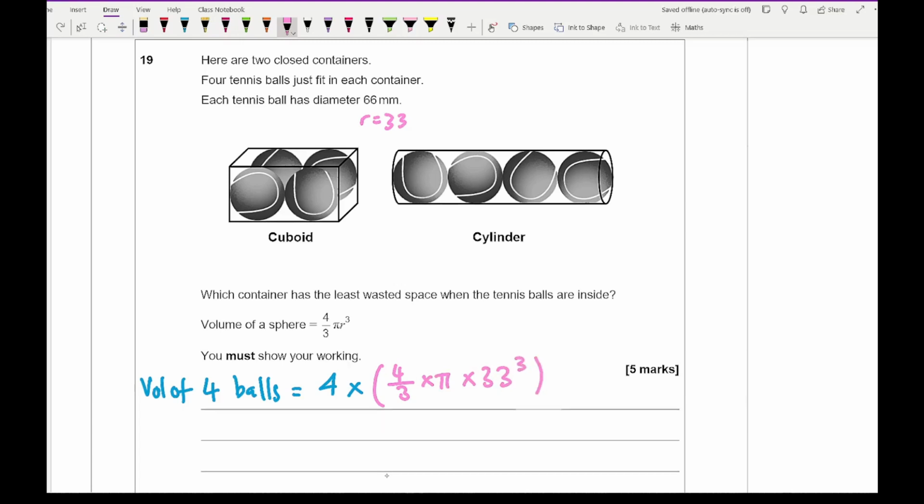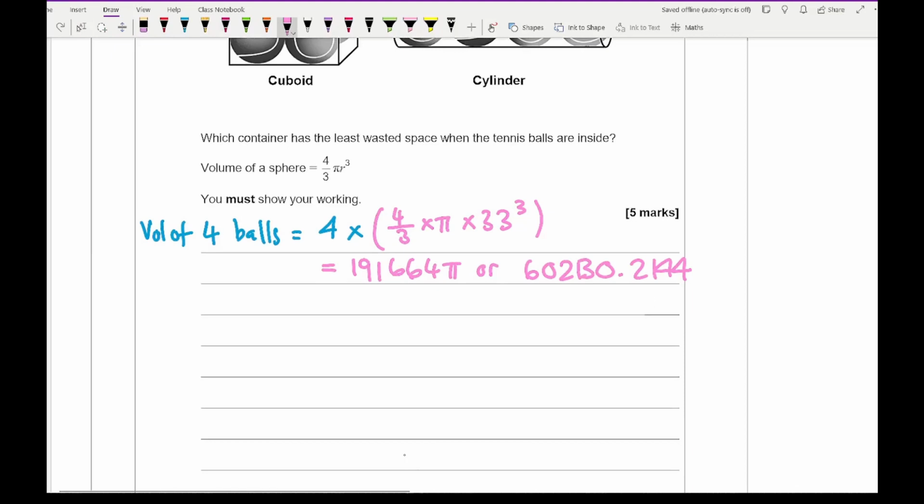And so if I type that all into my calculator, I get an answer of 191,664 pi, or as a decimal 602130.2144. Now from this, what I then want to do is work out the volume of the cuboid.